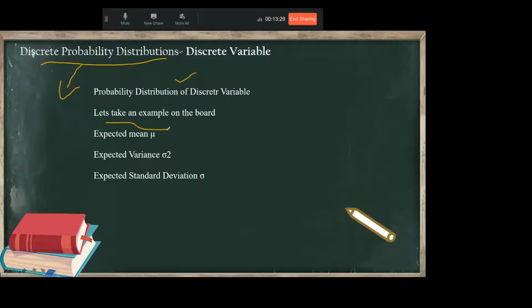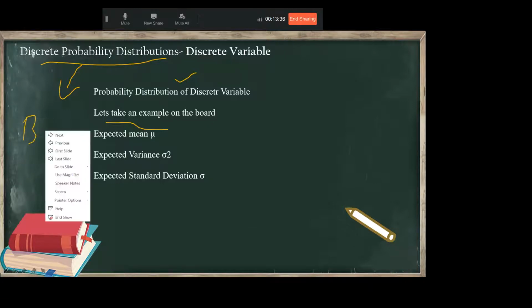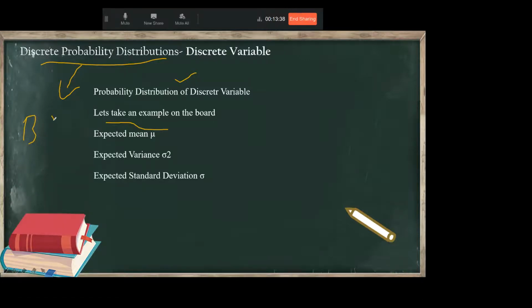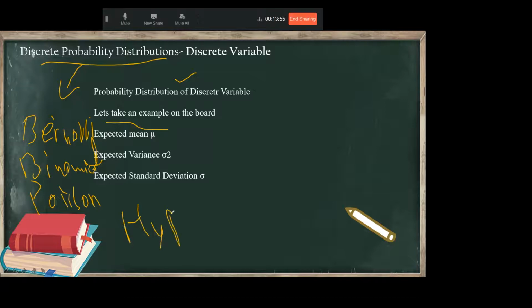Let's take an example on the board of a discrete variable. But first we will see the other types of discrete probability distribution. We will cover Bernoulli distribution, then binomial distribution, then Poisson distribution, then hypergeometric or geometric distribution.